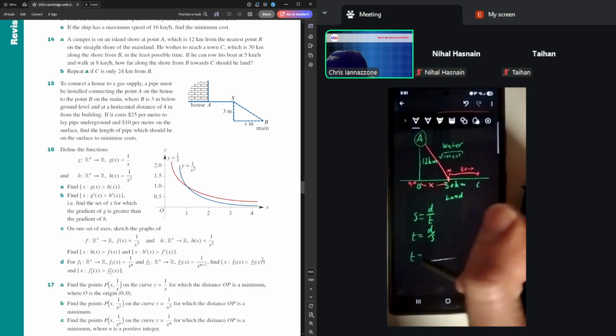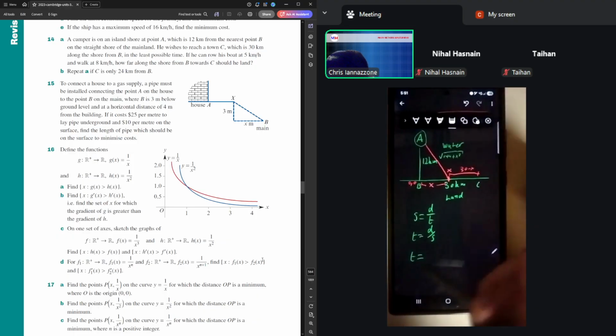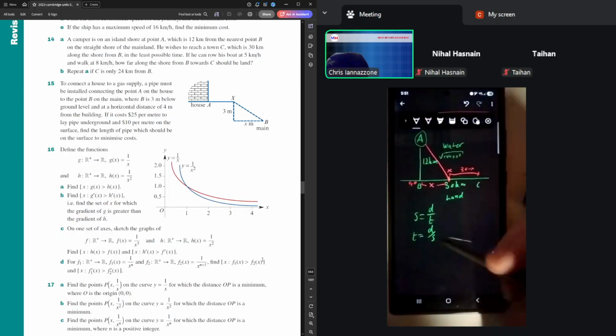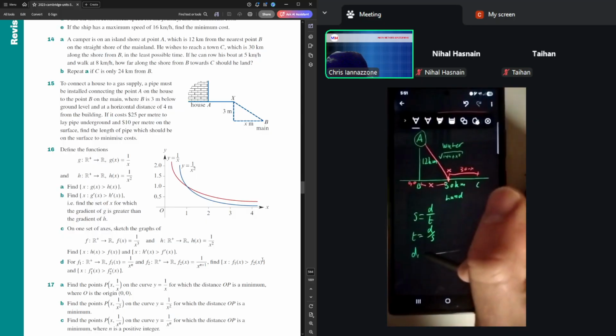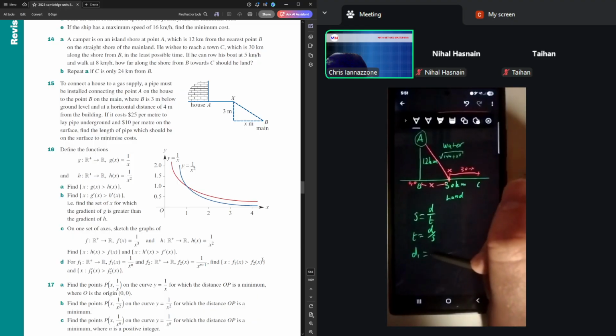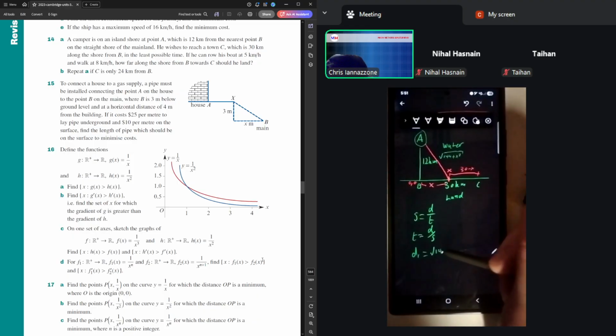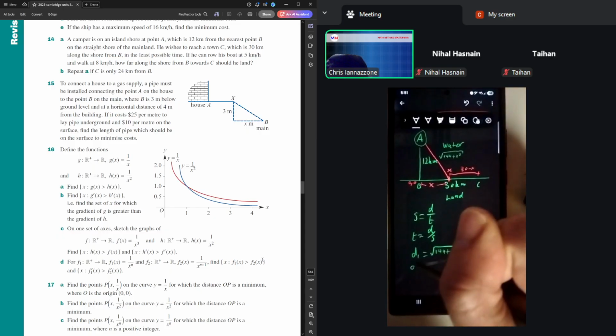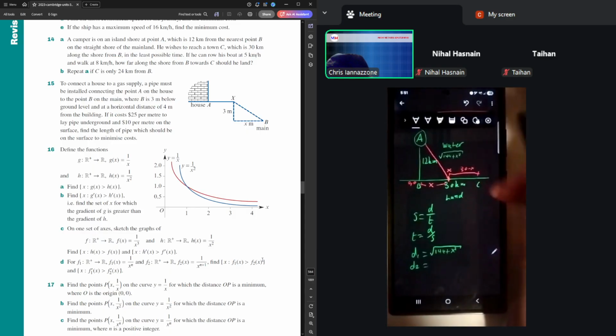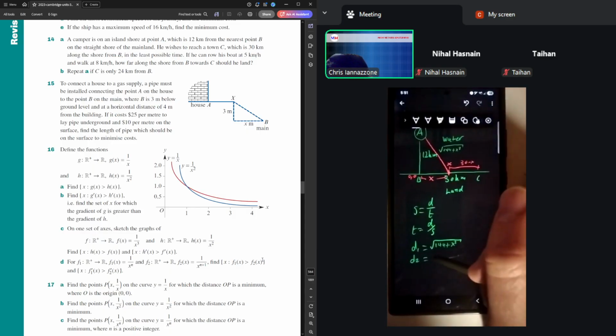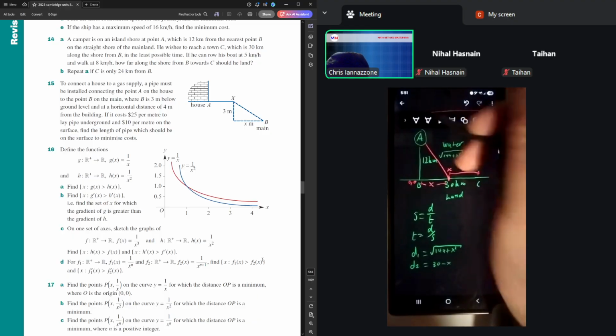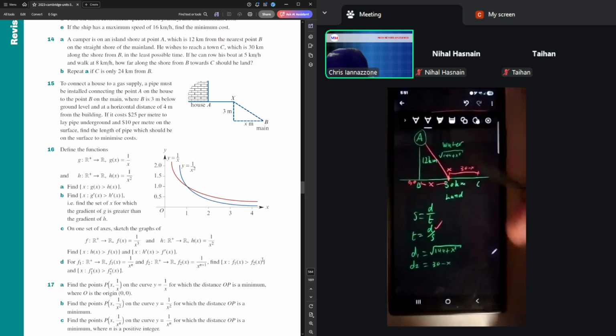So when it comes to our time equation, well, I guess maybe I should just do the distance part actually. So the first distance there, d1, is the root of 144 plus x squared. The second part of the journey, d2, is just 30 minus x. That gets us this bit all sorted, the d.